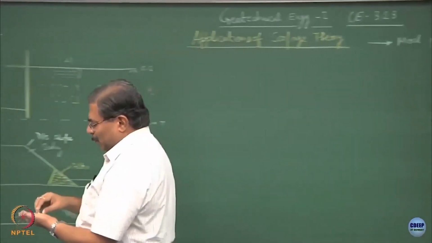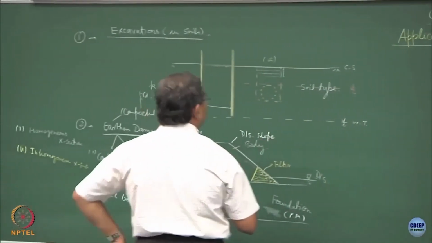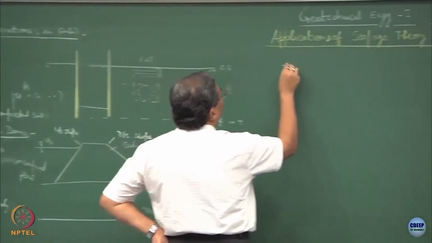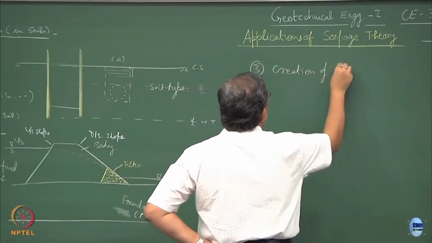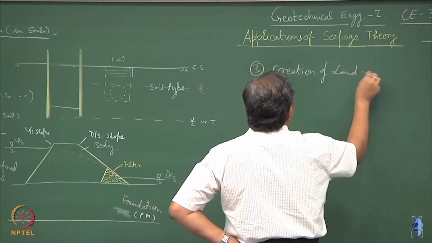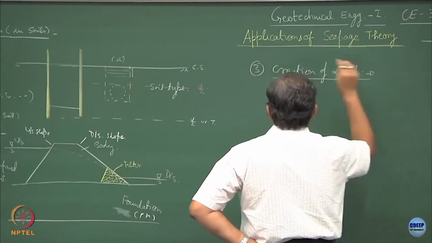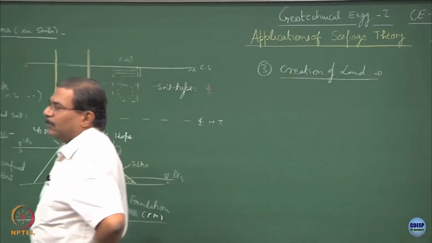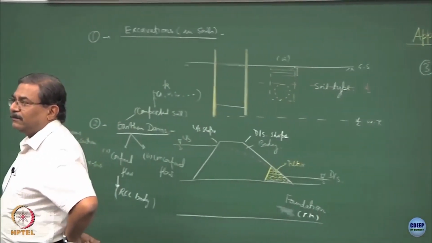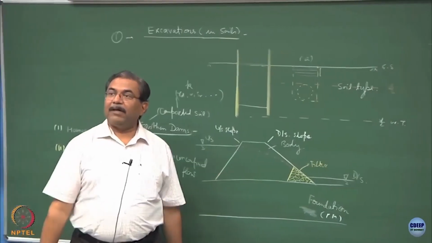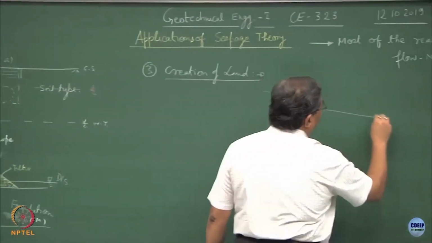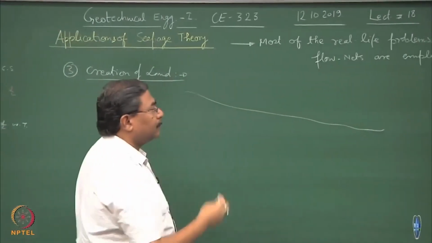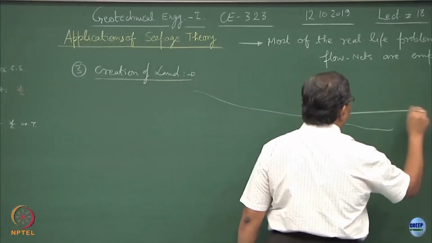One another interesting situation could be, suppose I want to create land, because land creation is the fashion of the day and this is what gives you money, is it not? Everybody is trying to create land, new cities are being developed. So, suppose there is a situation like this, this is the offshore environment.